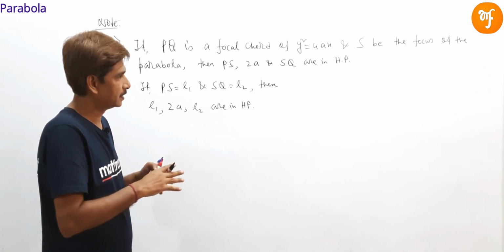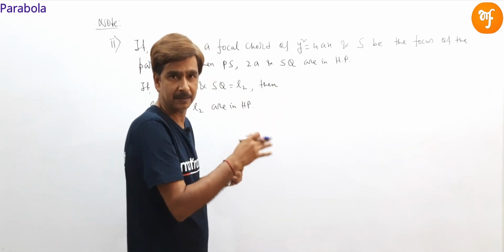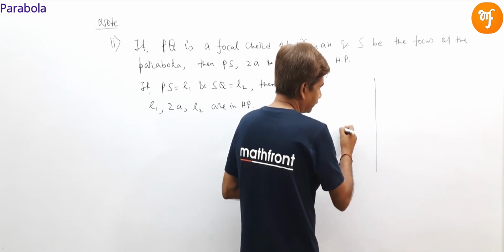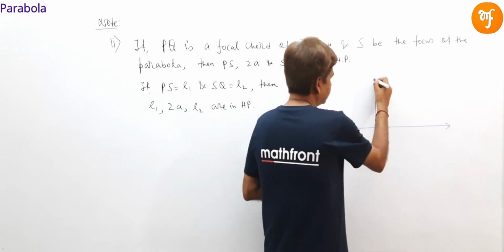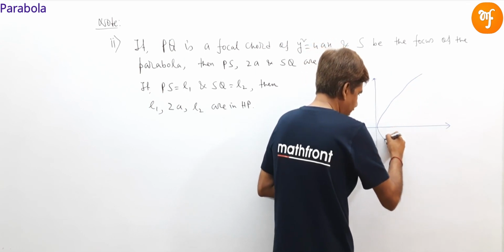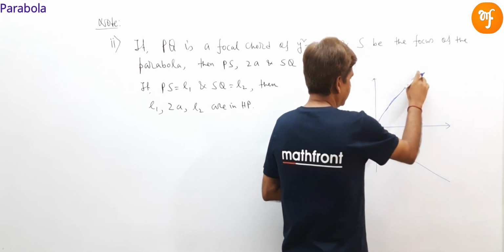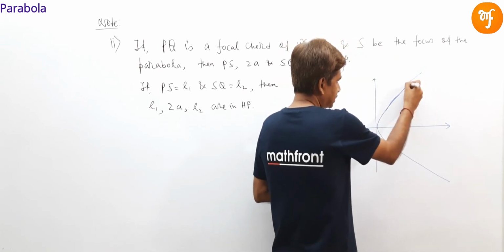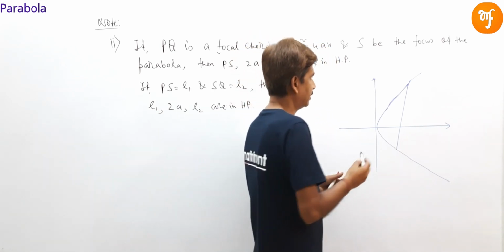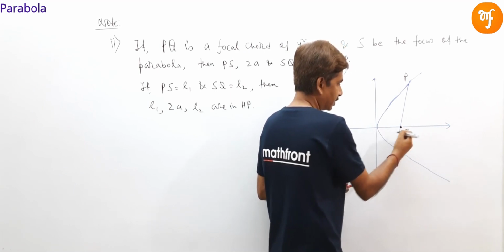Clear? For your better understanding, I am drawing a diagram. Let the parabola be y square is equal to 4ax, and this is any focal chord of the parabola. The focal chord is PQ, where S is the focus.